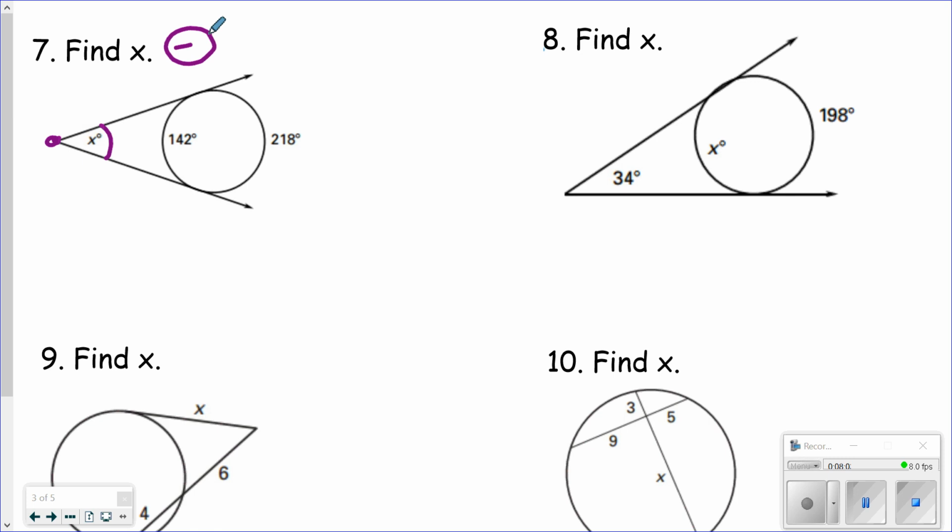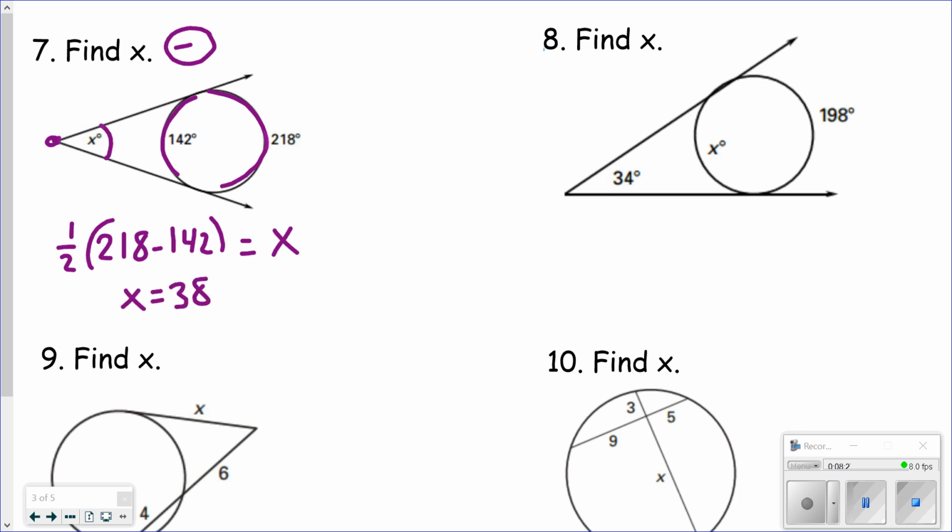All right, so if you look at your cheat sheet, we see that we take our two arcs, and we're going to subtract those measures. So I have 218 minus 142. Whatever number you get there, we're going to multiply it by 1/2, and that will give us our x value. So if you plug this right into your calculator, you see that x is equal to 38.